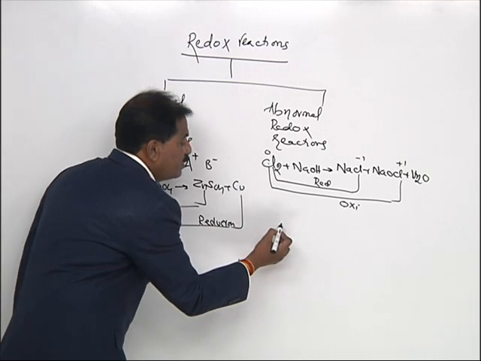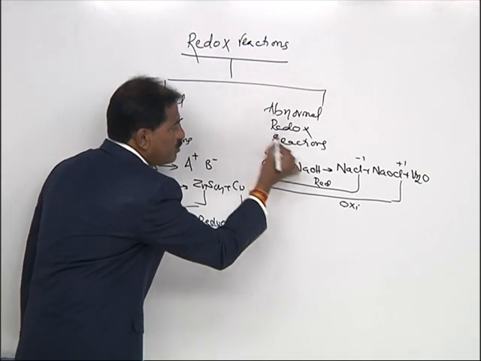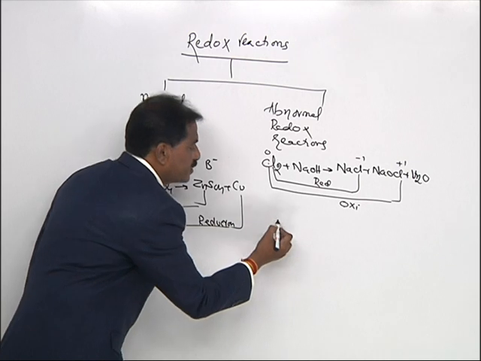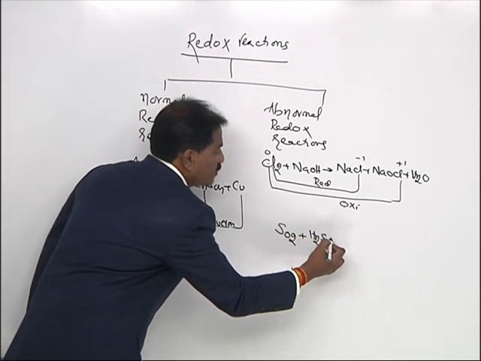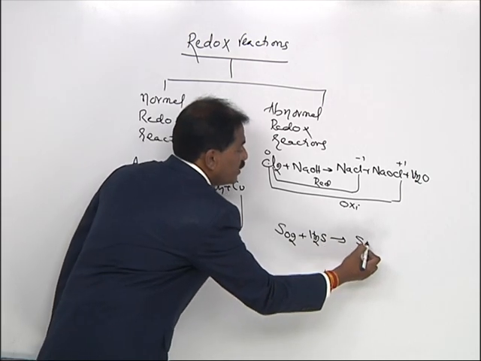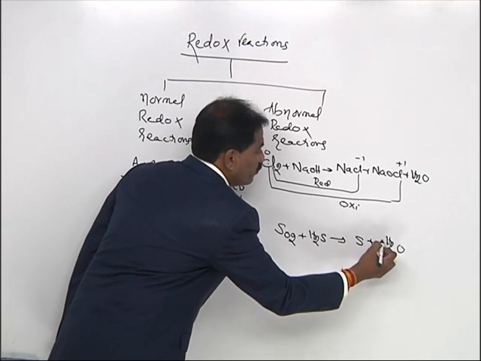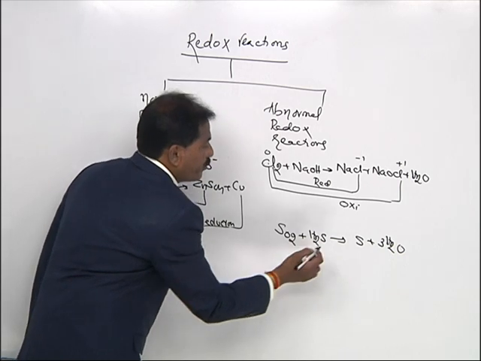Next, observe another example. Then we will discuss the meaning of abnormal redox reaction. SO2 plus H2S gives S plus H2O.